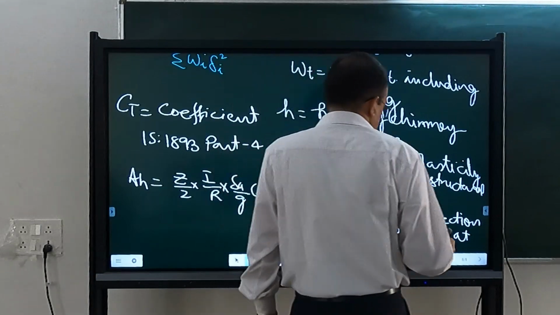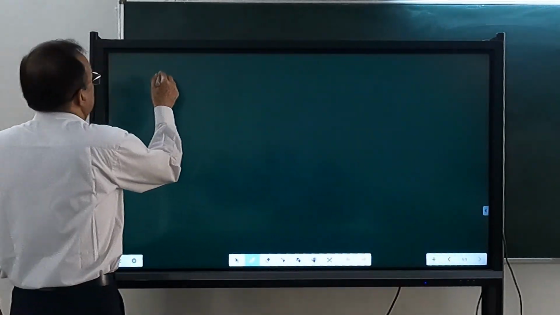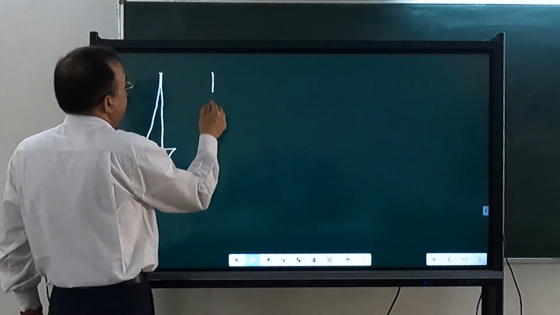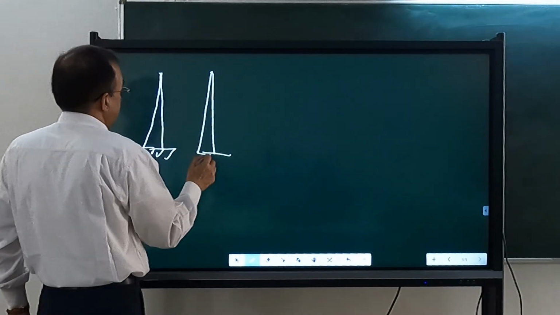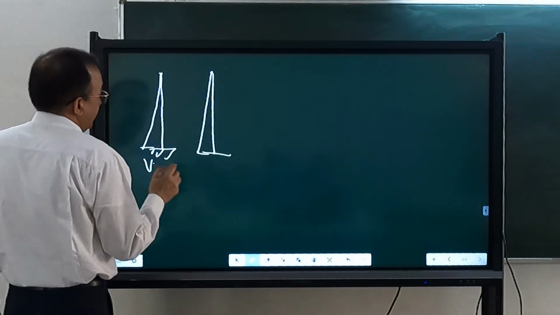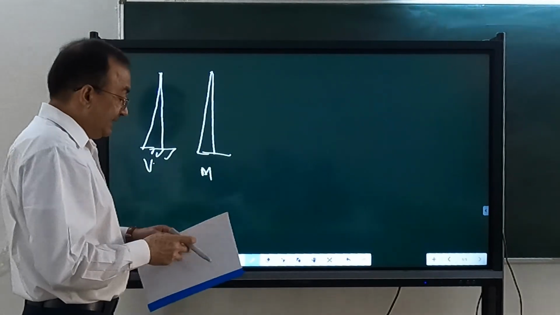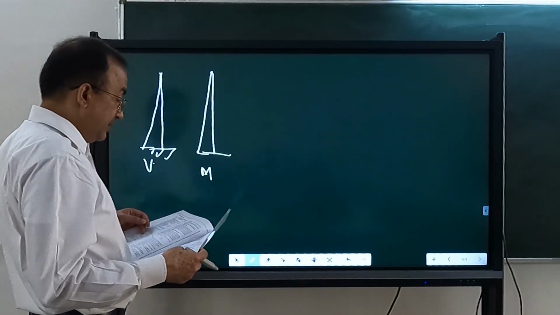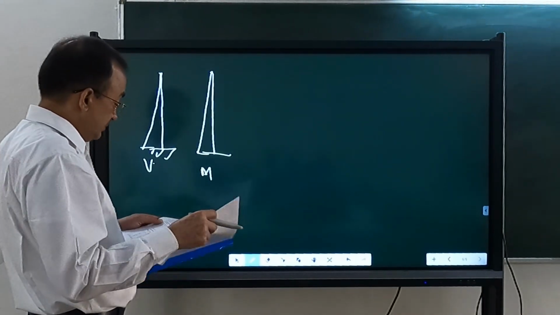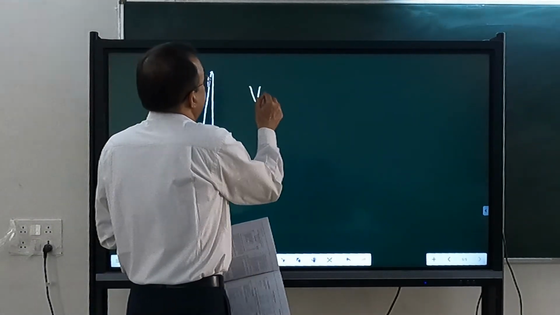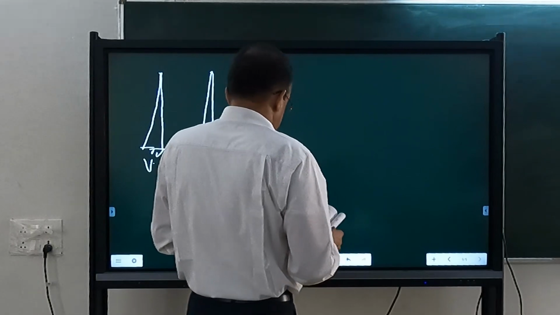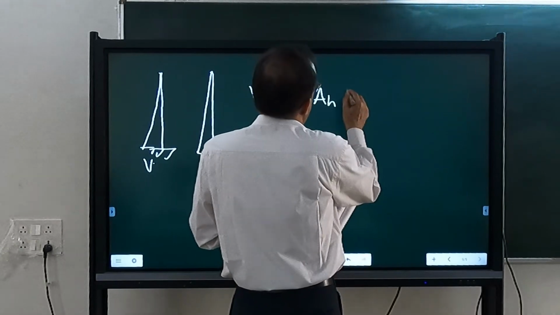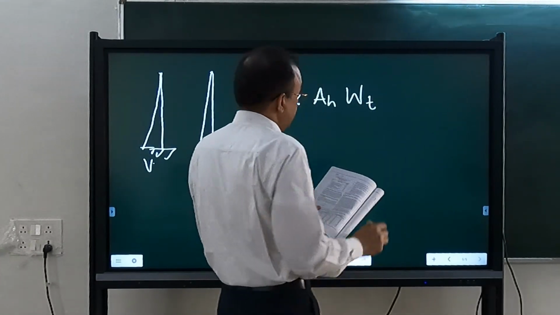Then the task is to calculate the bending moment variation and the shear force variation. This is variation of V and this is variation of moment. At any distance x from the top, the shear force is given as CV into AH, WT, the total weight, into dV.